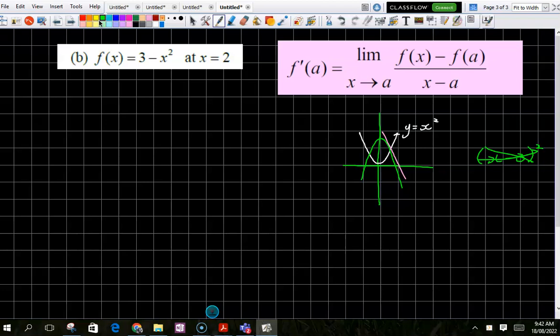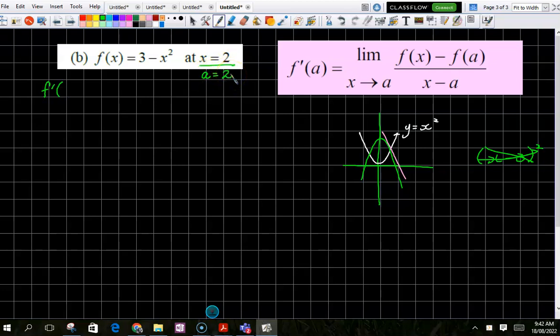All right, so here we go. f dashed of what? 2. That's our a value. I know Lorenz doesn't like this because it says x equals, but for us, that is, at what value are you wanting the slope? That's your a. And we're saying we want it at 2, so therefore a equals 2.